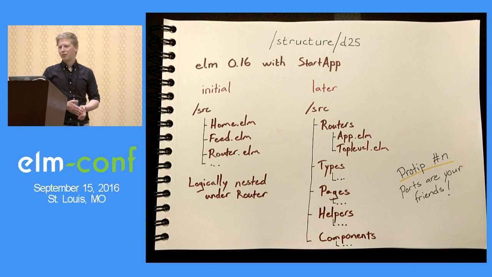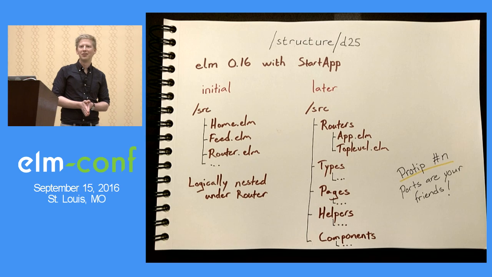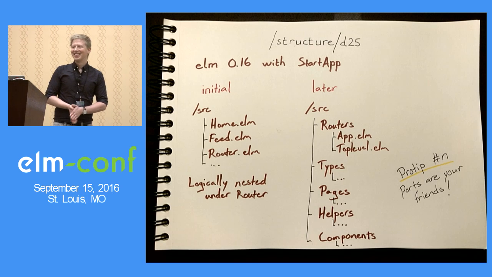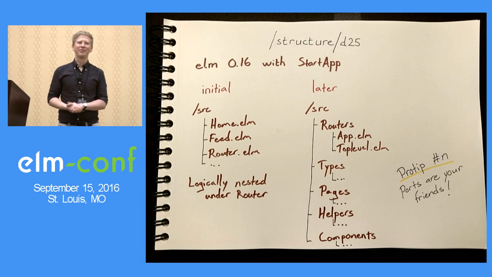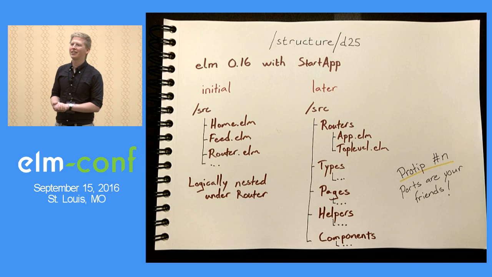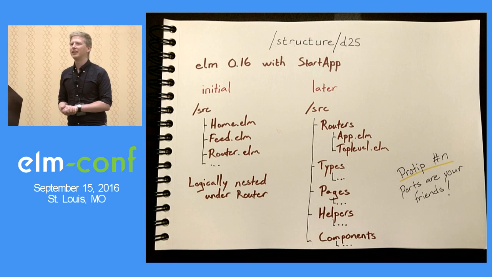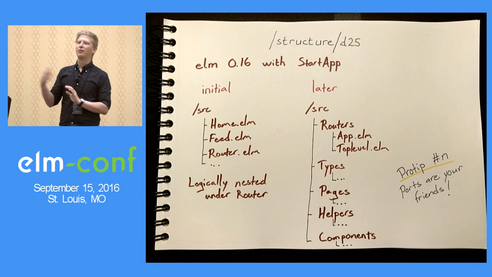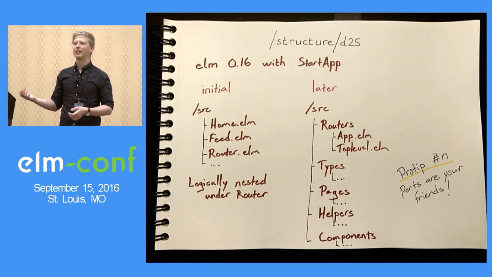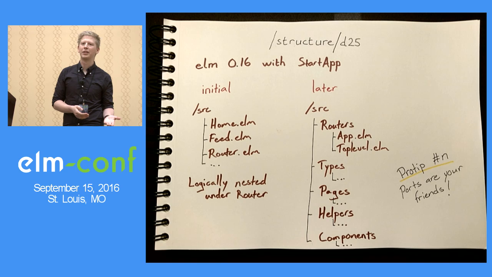Okay, pro tip number something, I don't know anymore. Ports are your friends. If you're on a schedule, when you're facing a difficult problem in Elm, and you know that it's easy to work around that using JavaScript, then just go for it.